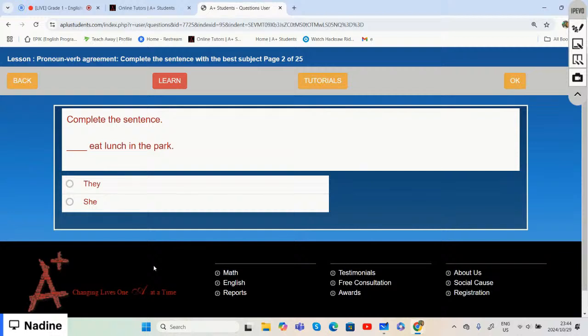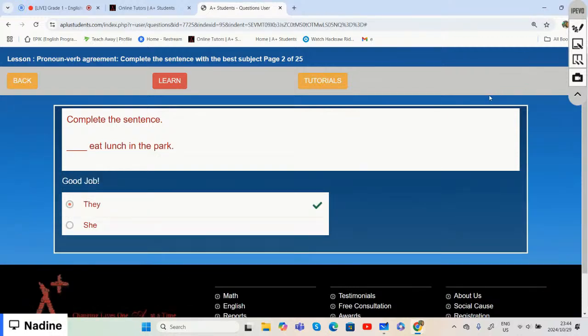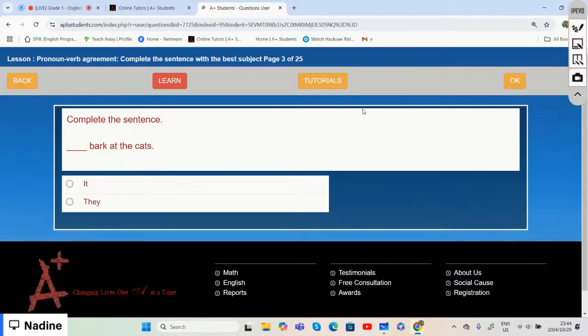All right, so it's eat. If our verb is eat, then we say they eat lunch in the park. Yes, well done. So they is correct.